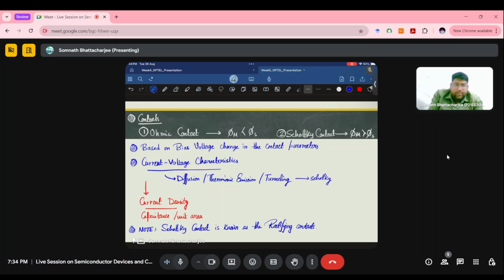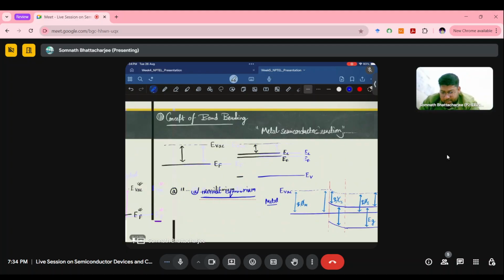That is a basic kind of diode, and because these Schottky contacts work similarly to a diode circuit, based on that, we can say that they can be called the rectifying contact or the rectifying diode. So this was the basic recap of this.